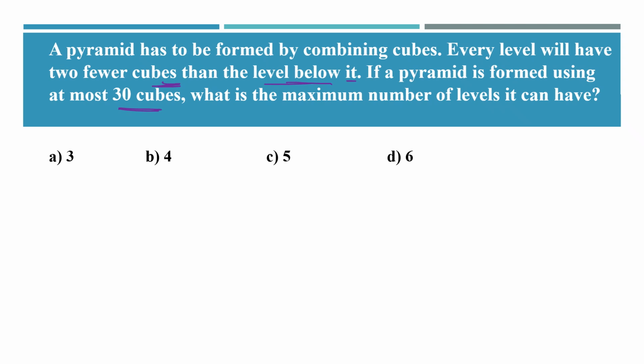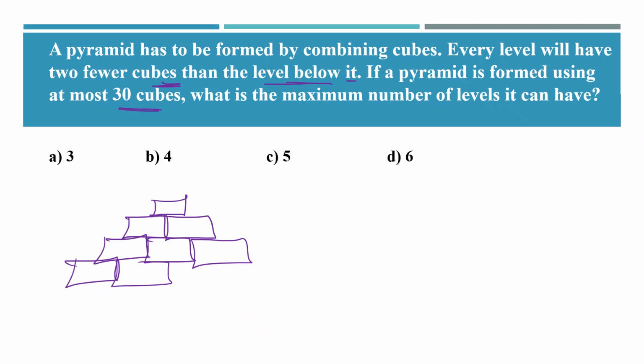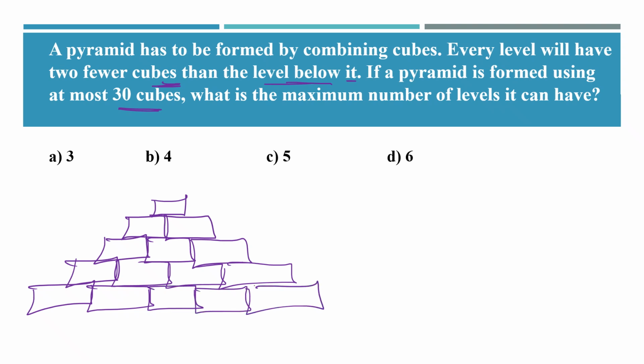Let me take one cube first, then two more cubes down there, then three, four, and five cubes. So let's check how many cubes I have used here: one, three, six, 10, 15 cubes are being used.